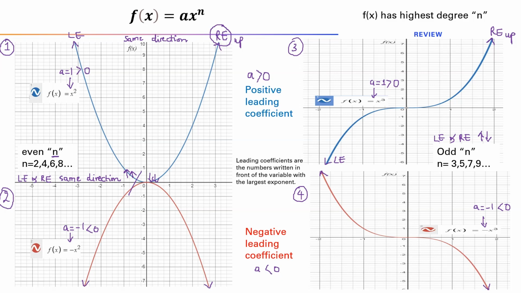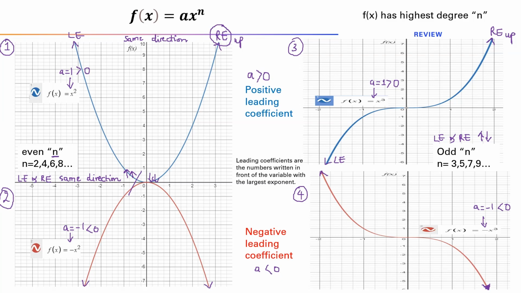If right and down, then a is negative. That's an easy one to memorize, and then we think about the other fact: for even degree, we have the same directions for left end and right end. If it's odd degree, we have left end and right end in opposite directions.